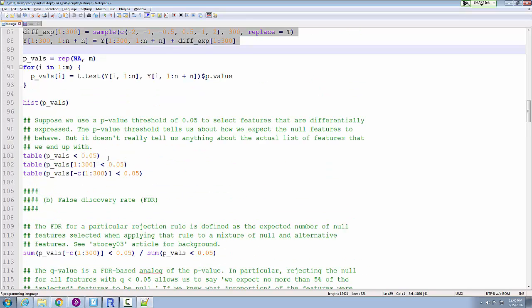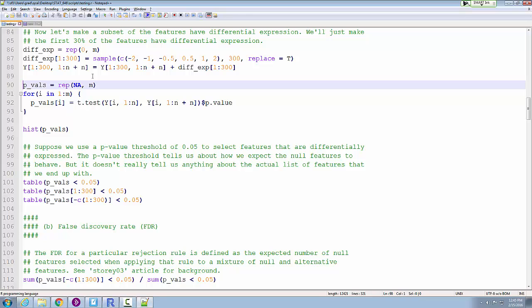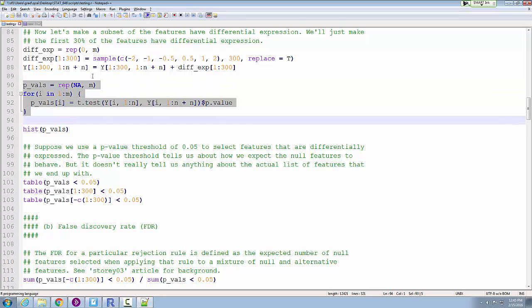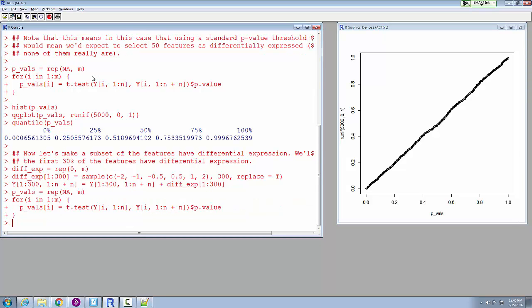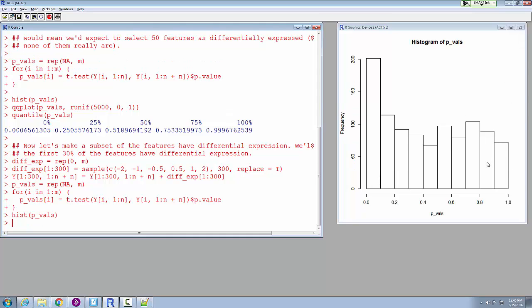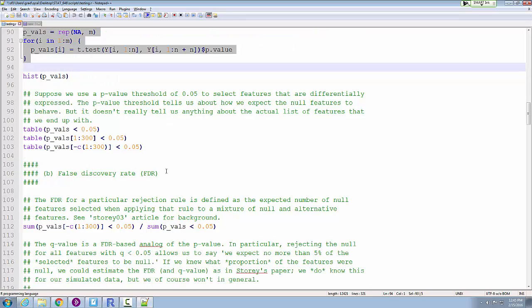Okay. Let's compute the p-values. If we do a 2-sample t-test comparing the representatives from the different groups, so 1 p-value per feature. This was our histogram of p-values. And remember limitations on working with p-values.